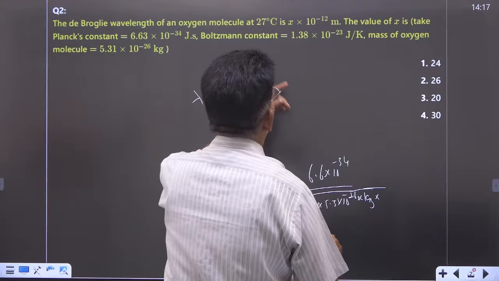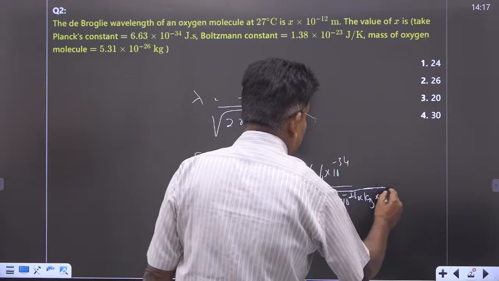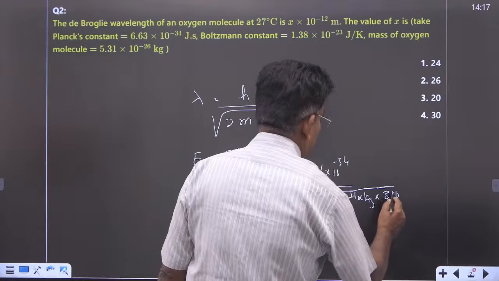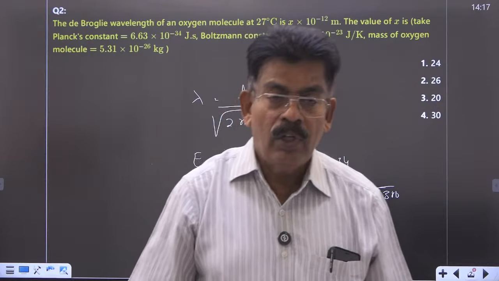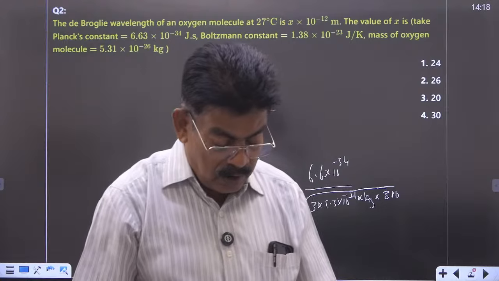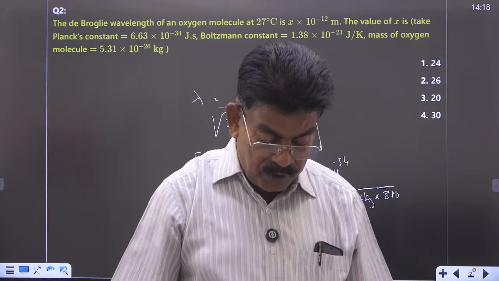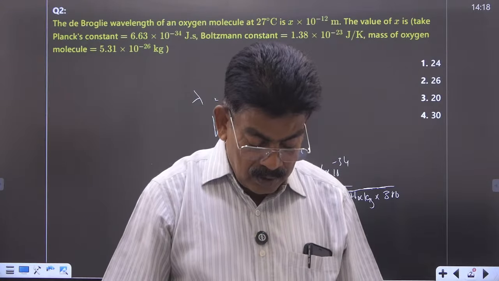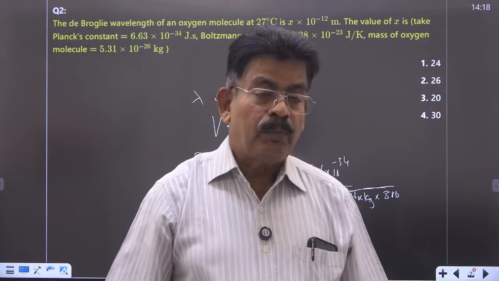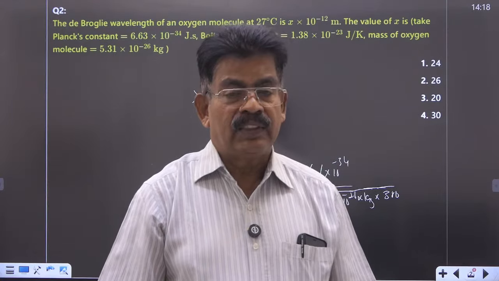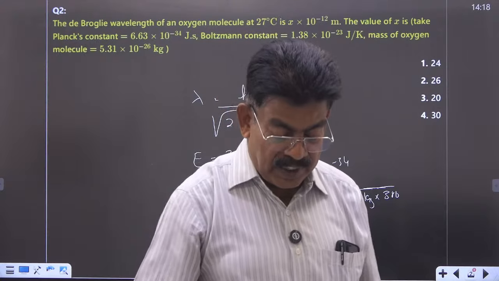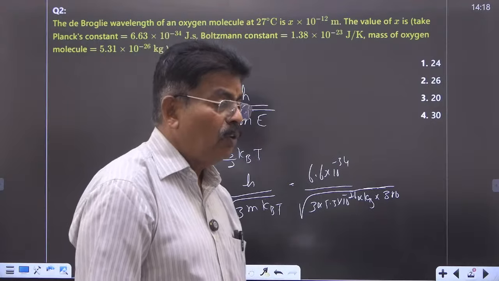Temperature is given to be 27 degrees, in Kelvin that comes to be 300 Kelvin. And you have to work out the value. The answer is coming to be x into 10 to the power of minus 12. So x is coming to be 26. Answer 2. When you work it out, answer is with you.